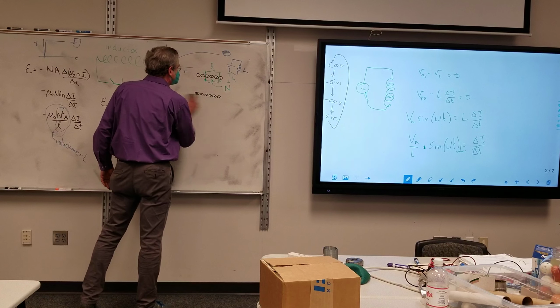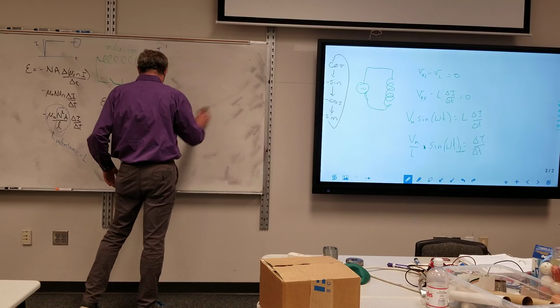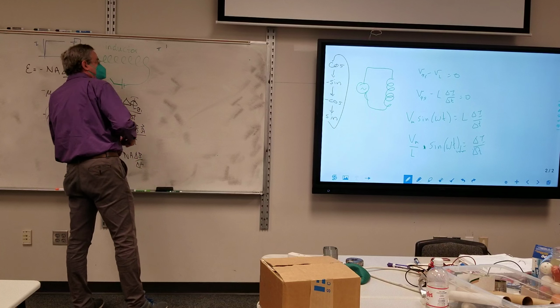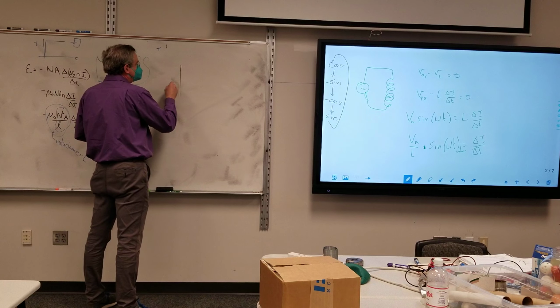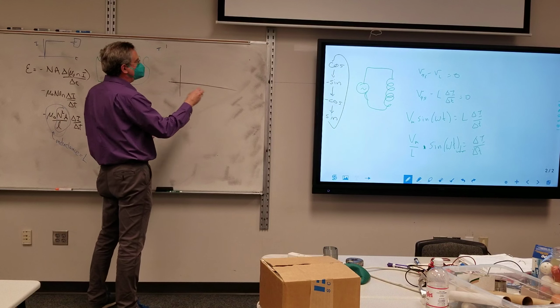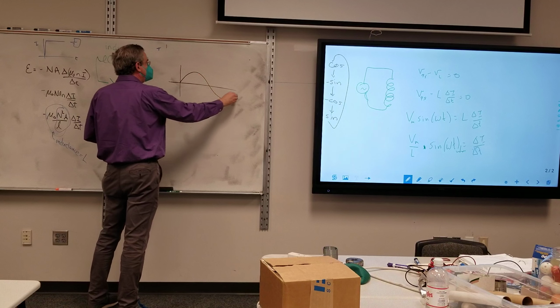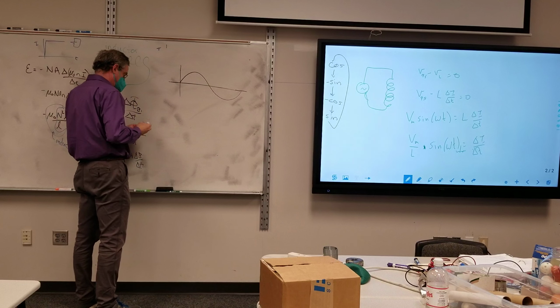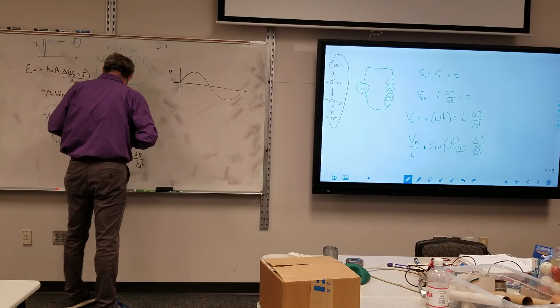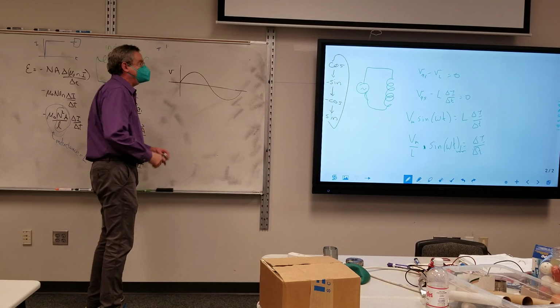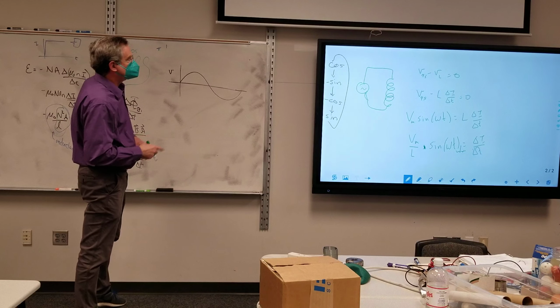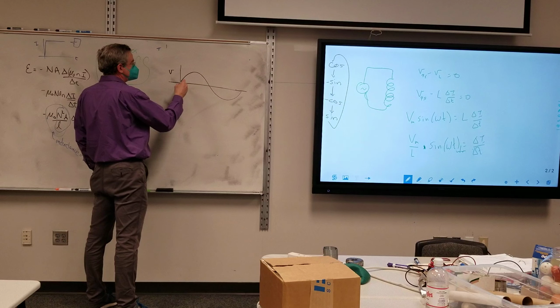So if I plotted those, my voltage was a sine curve. That's voltage. My current going through the inductor is a negative cosine.